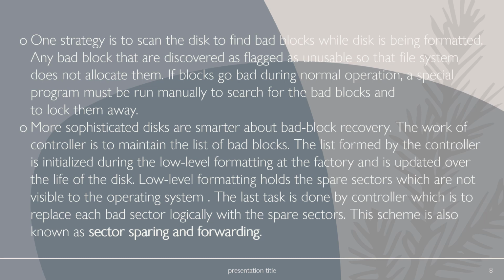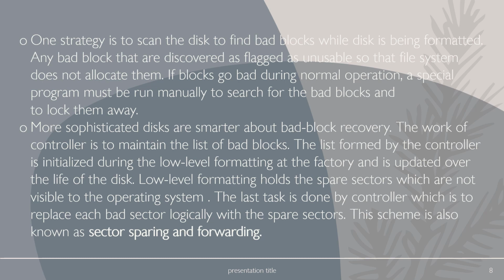More sophisticated disks are smarter about bad block recovery. The work of the controller is to maintain the list of bad blocks. The list formed by the controller is initialized during the low-level formatting at the factory and is updated over the life of the disk.